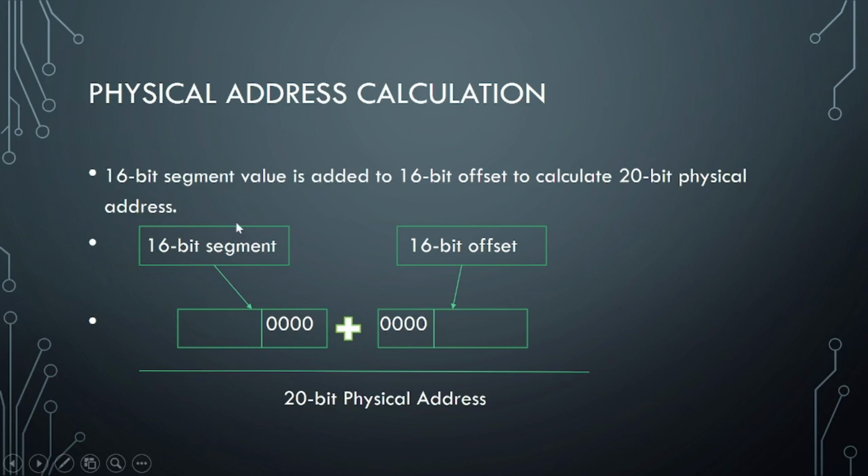We take 5 nibbles, in which 4 nibbles are of 16-bit segment, and the fifth nibble in the lower byte is 0. Then in 16-bit offset, we take upper byte of offset as 0, and 16-bit offset is used with them, making 5 nibbles. So these are added and 20-bit physical address is obtained.